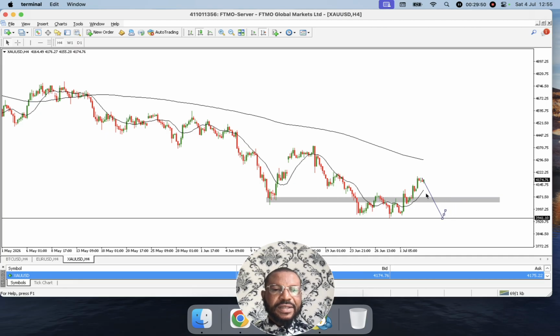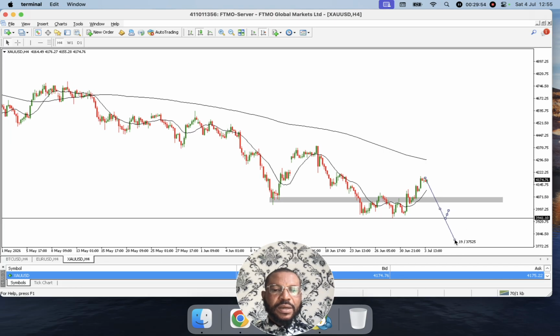The sellers are supposed to create a lower low to continue this lower high, lower low, lower high, lower low. If they fail to create a lower low and they create an equal low, or they create a higher low, then when the buyers come in, I'll join the buyers.